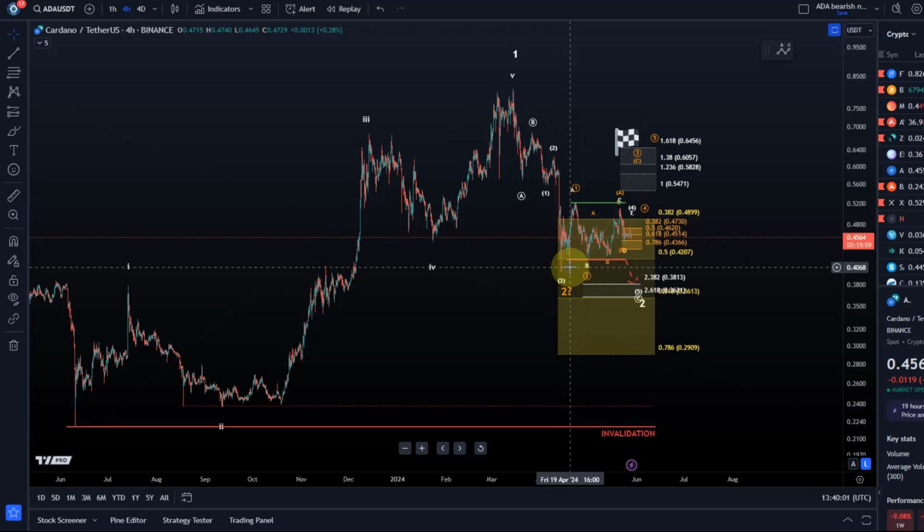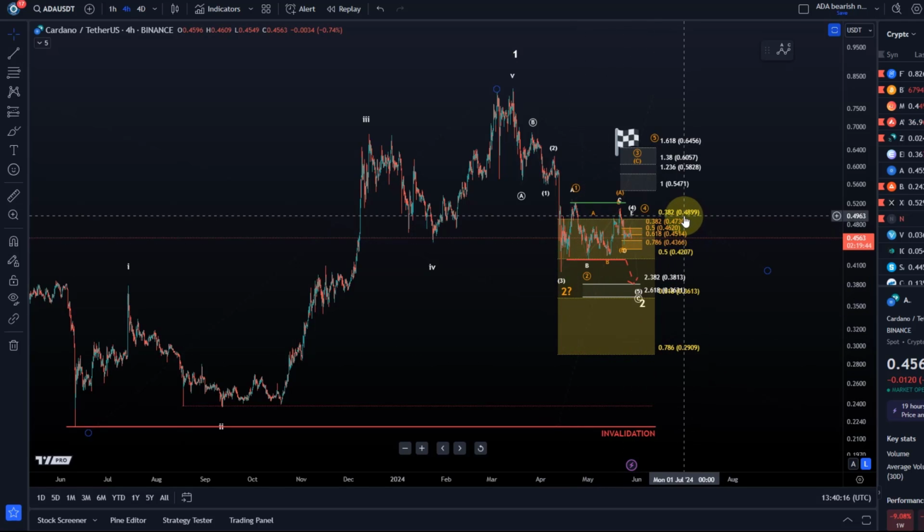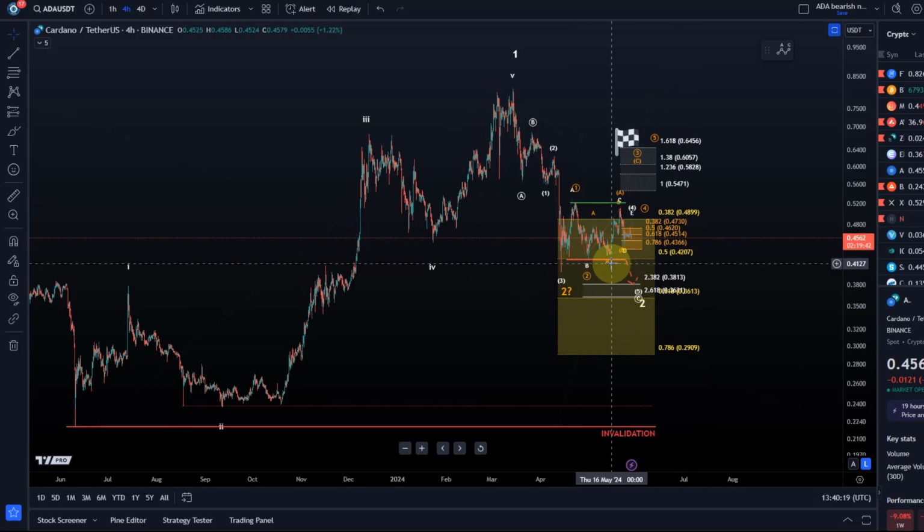And there are certain additional levels that we can watch in addition to just the Elliott wave labels and structural support levels. We can use Fibonacci support, and these are very relevant in Elliott wave. This wave 2 area is defined between 29 cents and 49 cents, whereas normally we like a wave 2 to get minimally to the 50% Fib level.